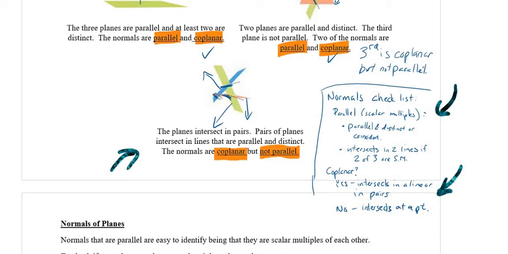And I'll show you how to differentiate between the two a little bit later on in the lesson. And lastly, the big one, if the normals are not coplanar, then they're going to intersect at a point. So keep that cheat sheet handy. That's going to come in handy as we start dealing with some of these problems.